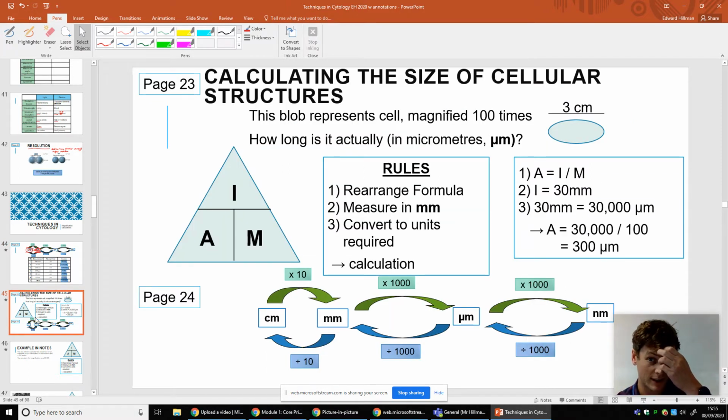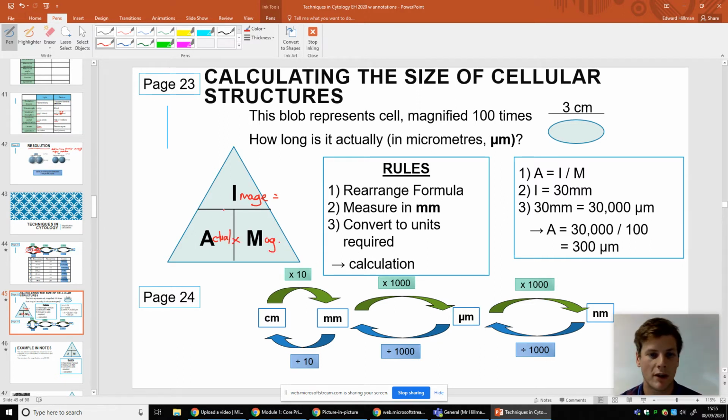So if we're calculating the size of a cell or a cellular structure, we need to use this equation, where the image is equal to the actual size multiplied by the magnification.